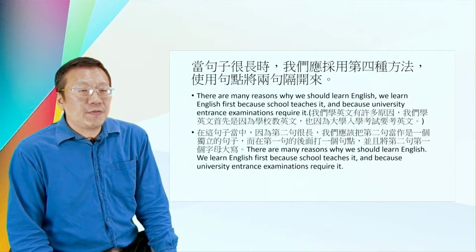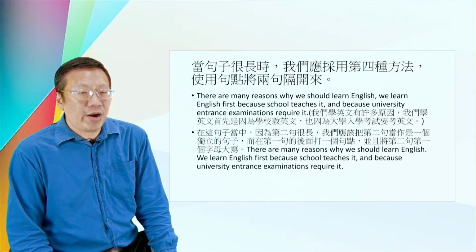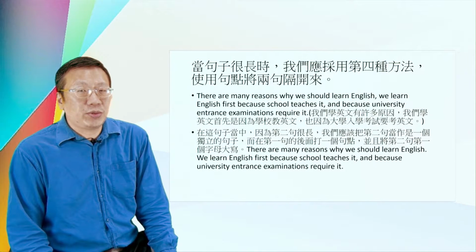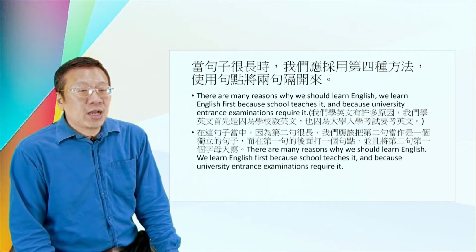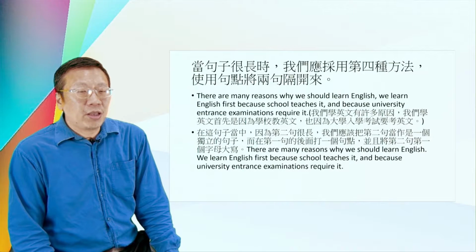We learn English first because school teaches it, and because university entrance examinations require it. 我们学英文有许多原因。我们学英文首先是因为学校教英文，也因为大学入学考试要考英文。在这句子当中，因为第二句很长，我们应该把第二句当作是一个独立的句子，而在第一句的后面打一个句点，并且将第二句的第一个字母大写。There are many reasons why we should learn English. We learn English first because schools teach it, and because university entrance examinations require it.